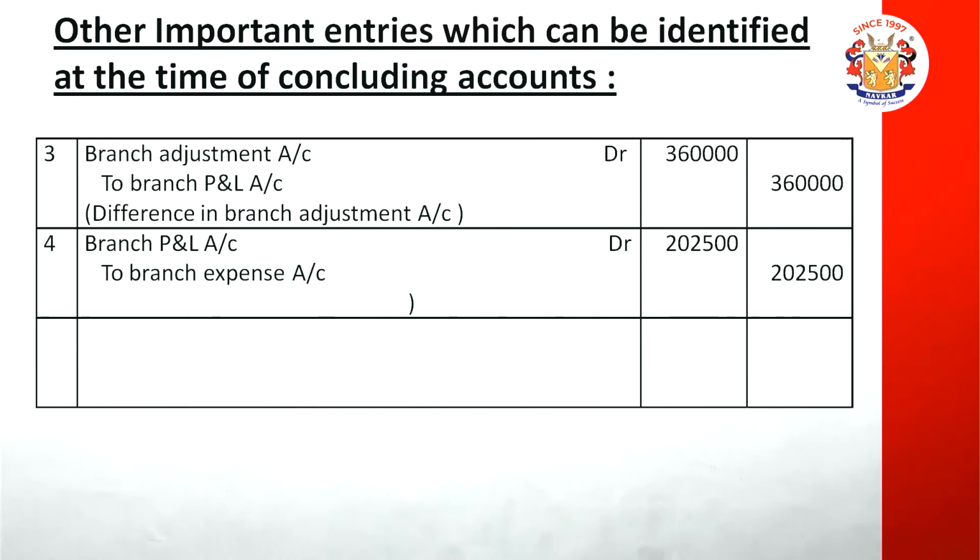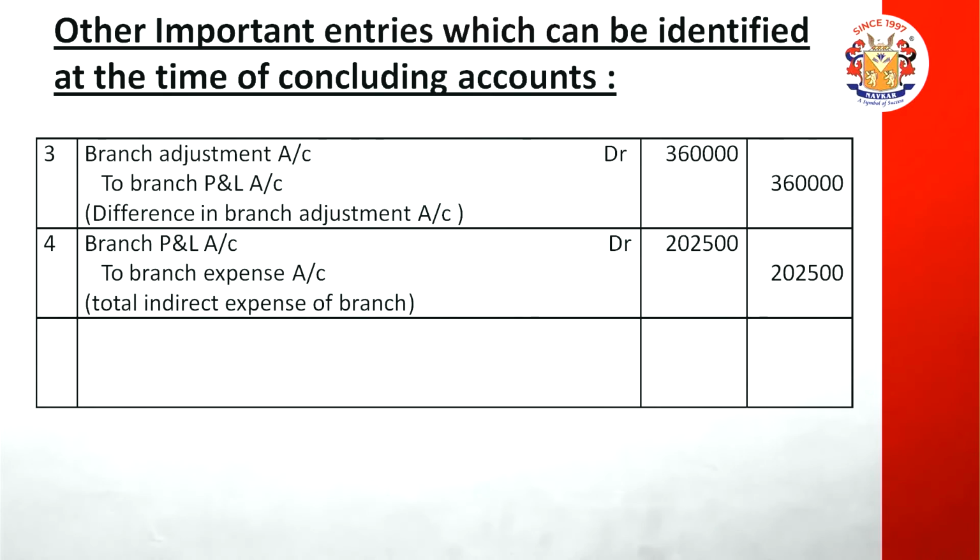Next one, the third one, difference in branch adjustment account. At the time of concluding branch adjustment account, you will get the difference on the debit side, which is nothing but gross profit. Journal entry for the same will be like this: branch adjustment account debit 3,60,000 to branch profit and loss account 3,60,000.